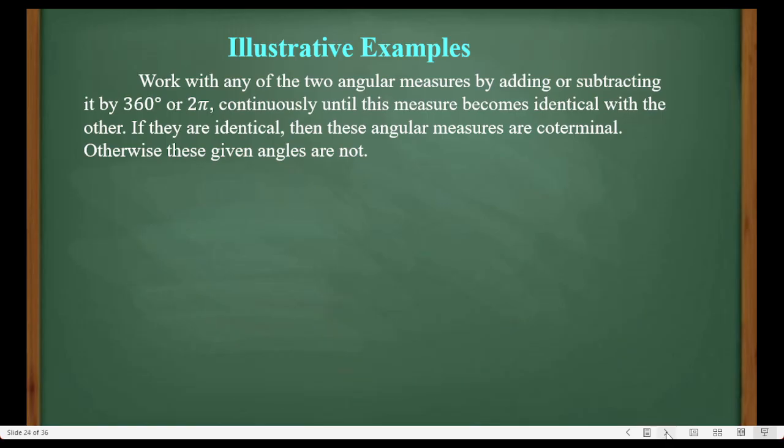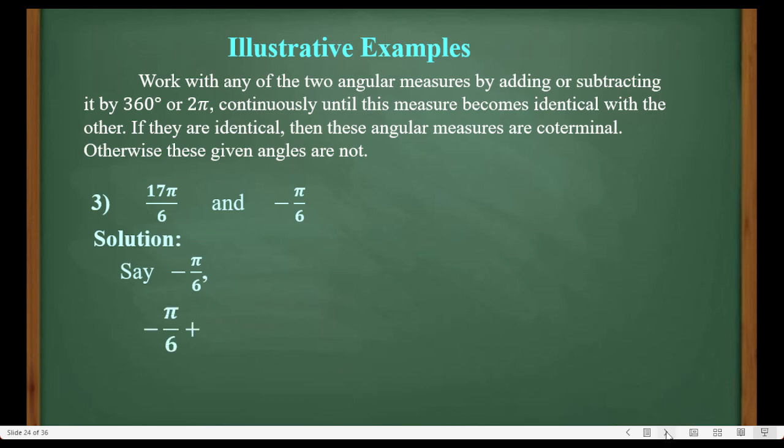Next, number 4. 17 pi over 6 and negative pi over 6. So we choose negative pi over 6, and what shall we do with that? We simply add 2 pi twice. And what would be the result? Of course, that will be 4 pi.